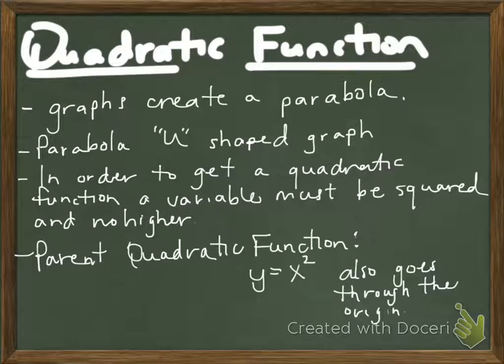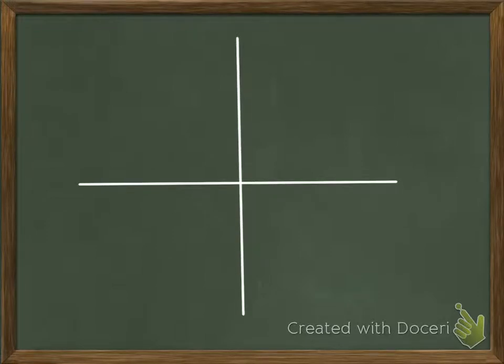Now I want to add one more thing, and that's examples of the graph. So let's look at some examples of parabolas so you can see that. Again, here's our Cartesian plane with no numbers, just generic. Our parent function may look something like this. Well, it's got to hit the origin, so assume that this point here is actually through the origin.